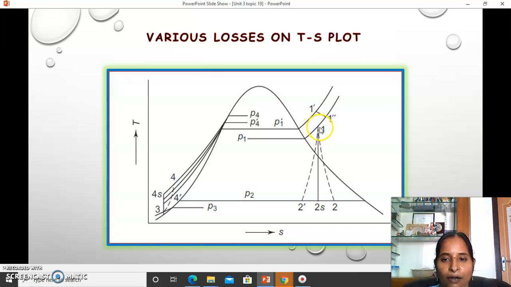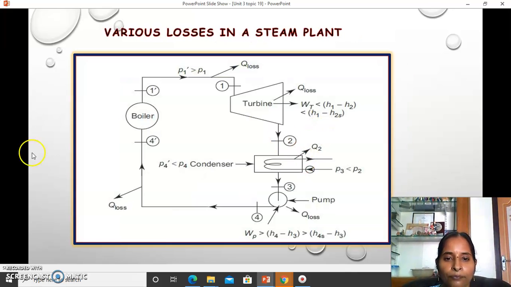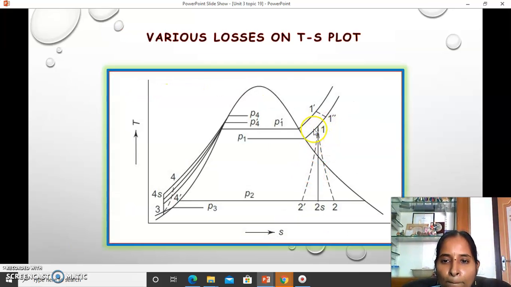Okay, here only the turbine expansion starts. Both piping losses and heat loss together made the pressure come down from 1 dash to 1. Are you getting?